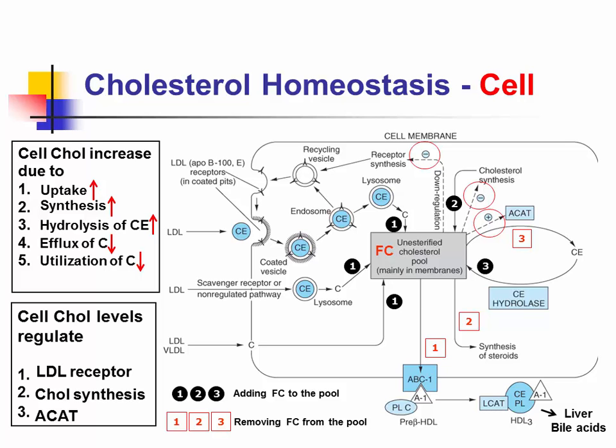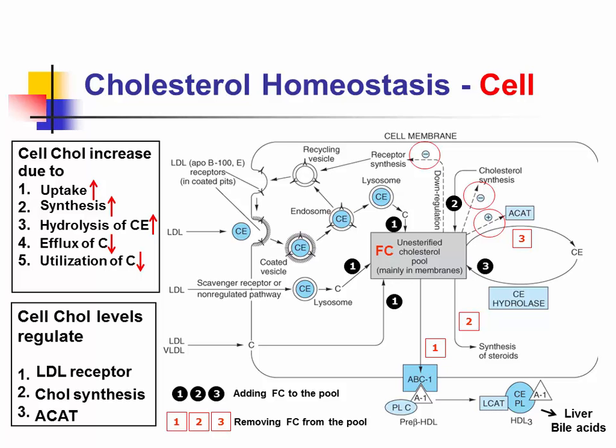Okay, so this we talk about the intracellular cholesterol homeostasis, which is important, right, related to atherosclerosis development. So you try to remember the pathways that add cholesterol to the intracellular pool of free cholesterol, or remove cholesterol from the cellular pool.